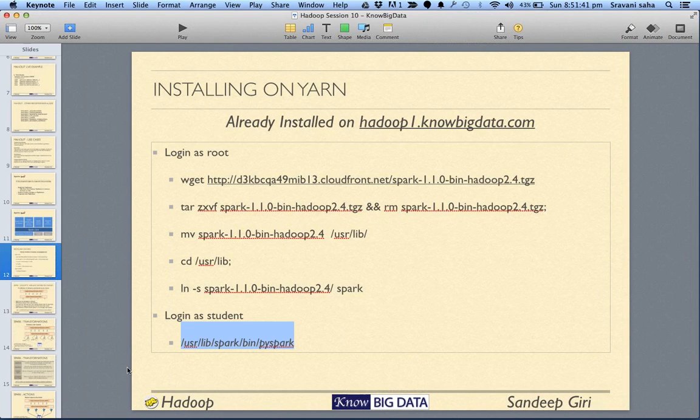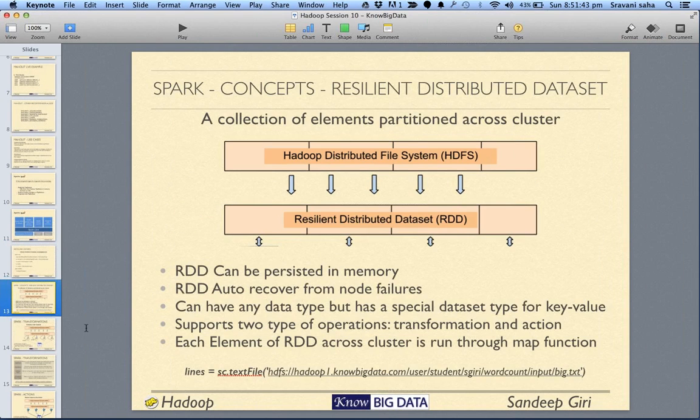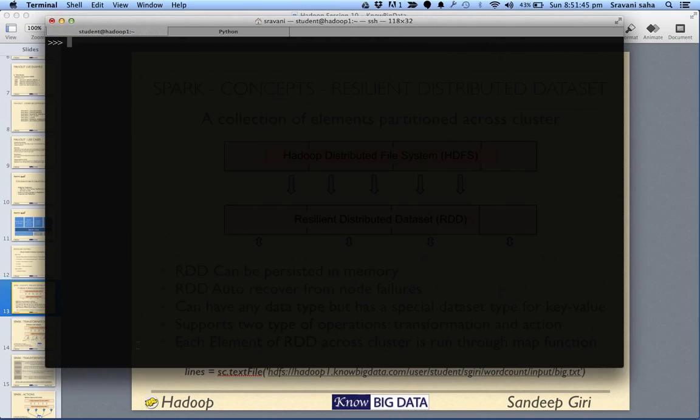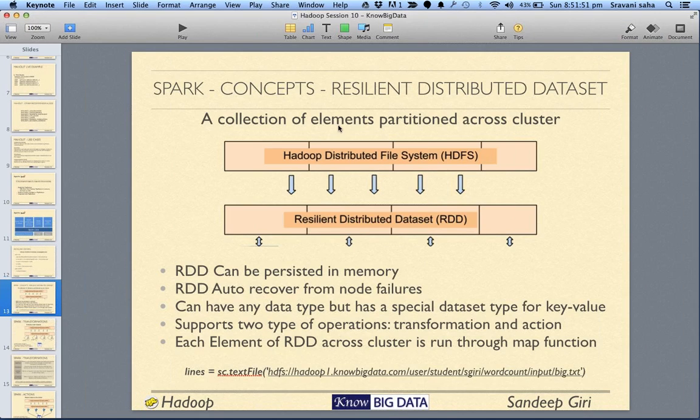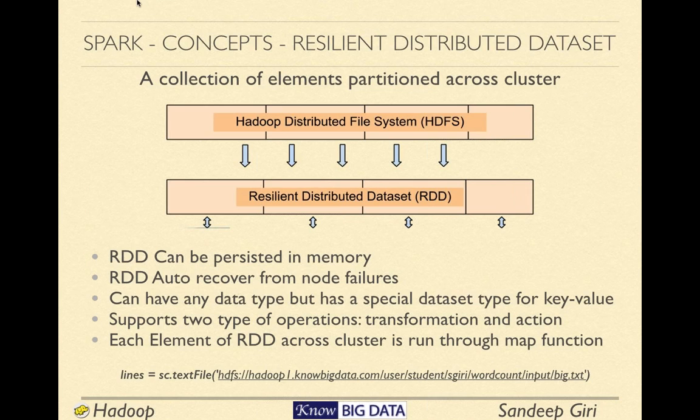So the first thing you would do would be load some data. All right. So let's start with understanding what it means to load the data. All right. So the most important concept around which the whole of Spark revolves is the concept called resilient distributed dataset.